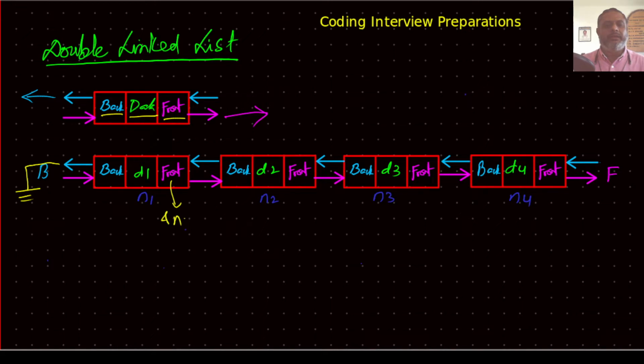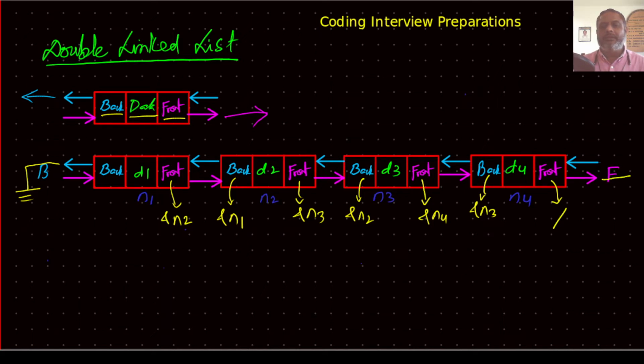Here you have the address of N2, and here the address of node 1; here the address of node 3, and here the address of node 2; here the address of node 4, whereas here we have the address of node 3, and here we don't have anything, so it is blank. That's how things are arranged.